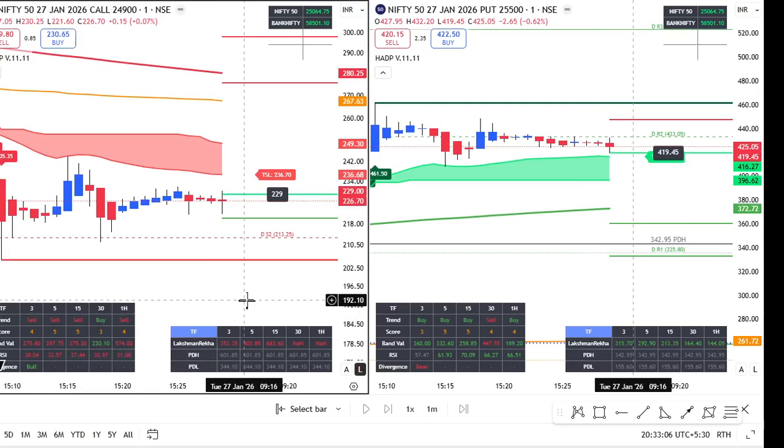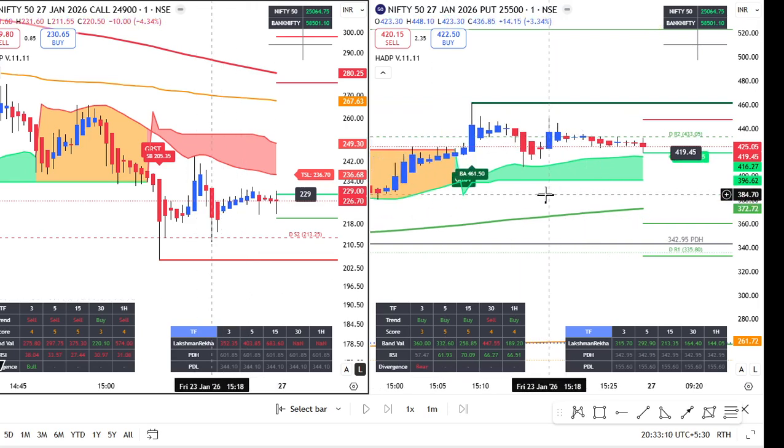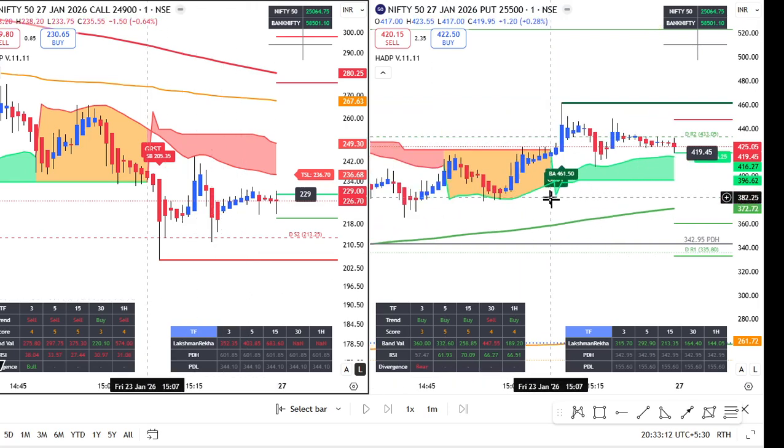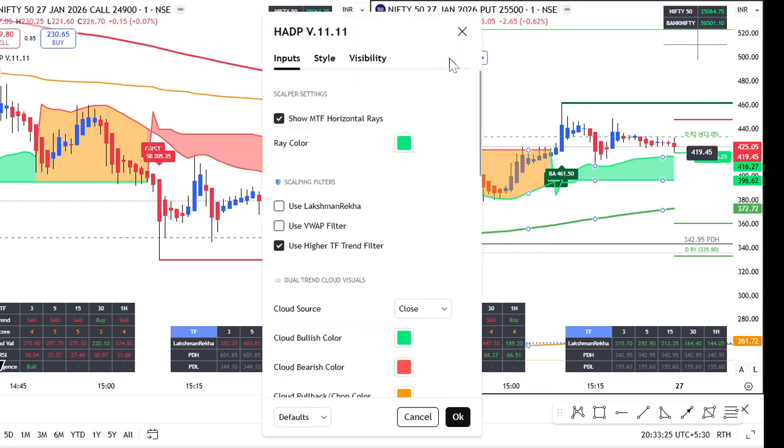That's all. Market over. So this gave you maybe two perfect trades for more than 100 points on a 1 minute candle. Of course, there was volatility, so keep that in mind. When there is no volatility, you may get few signals, but always keep it with the trend.